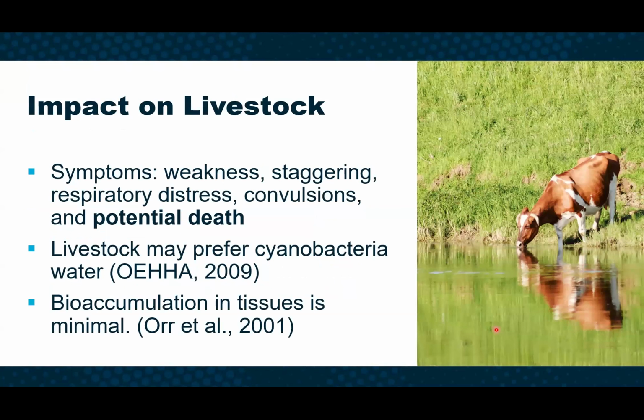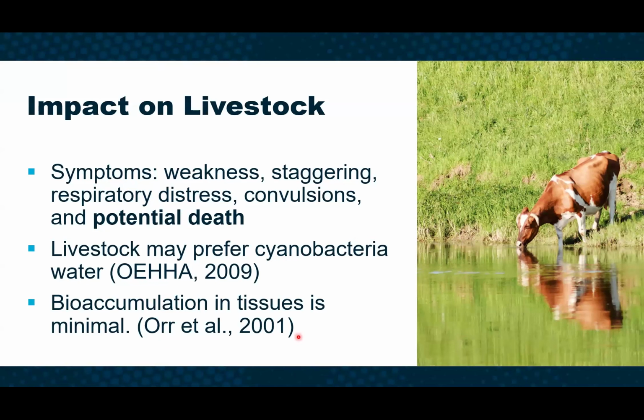Now, a little bit about livestock. They can get sick from harmful algal blooms and potentially they can die. And something to note is that livestock prefer cyanobacteria water. So we need to be proactive in trying to prevent access.